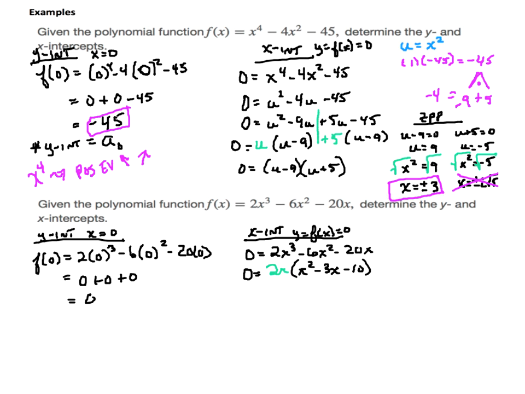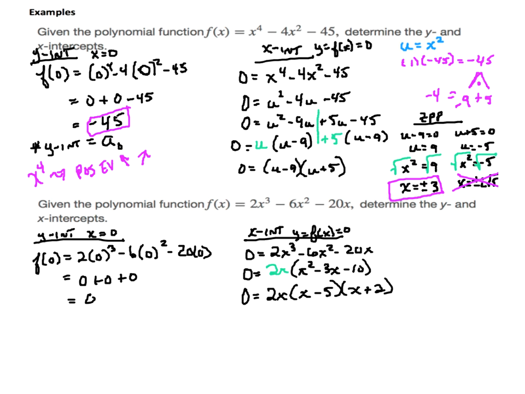I'm not going to go through the whole process of factoring using the AC method for the sake of time, because I can do this one in my head, and I just showed you an example of factoring with the AC method. So this is equal to 2x times x minus 5 times x plus 2.